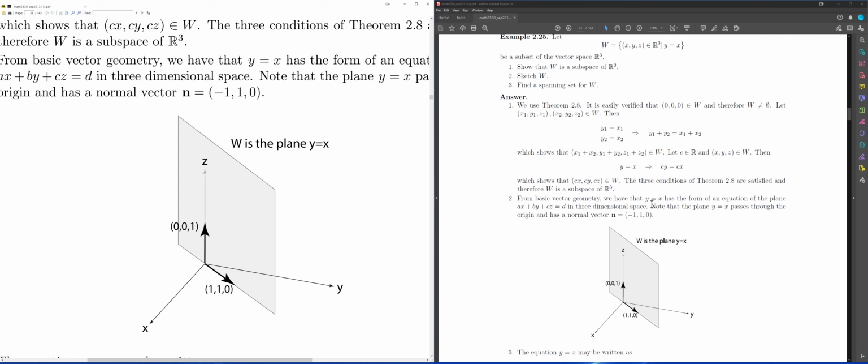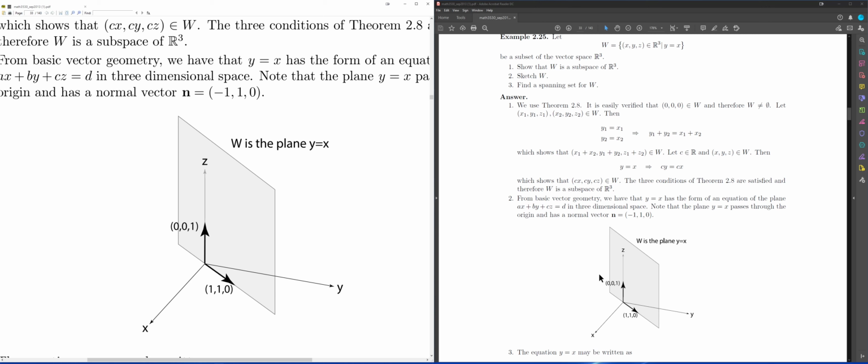And y is equal to x is actually of this form, where b is equal to 1, a is equal to minus 1, c is equal to 0, and d is equal to 0. So this is going to be a plane in three-dimensional space.